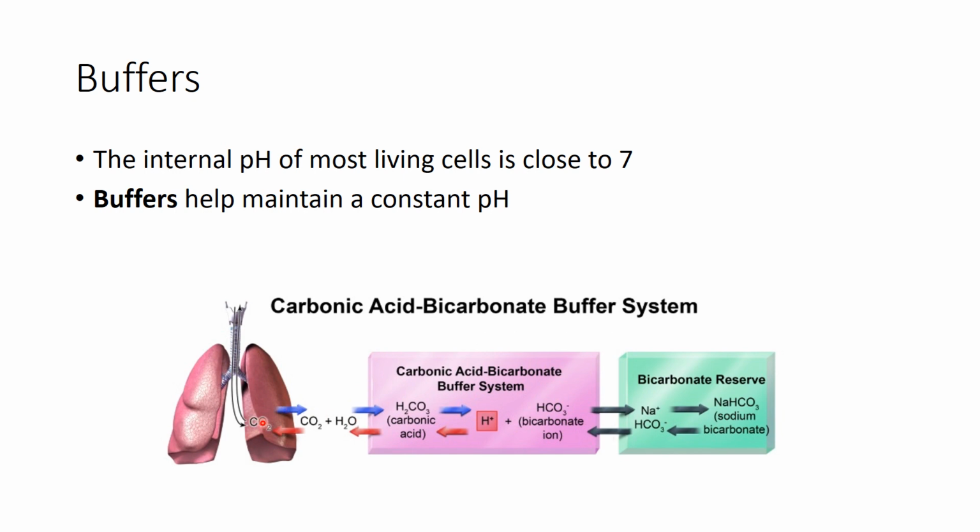And there's an equilibrium between carbonic acid and bicarbonate in the buffer system with a reserve to adjust for any changes in pH that may occur. I'm not going to get into too much specifics about this. This will be covered perhaps in another course, for instance, biochemistry or even anatomy and physiology.